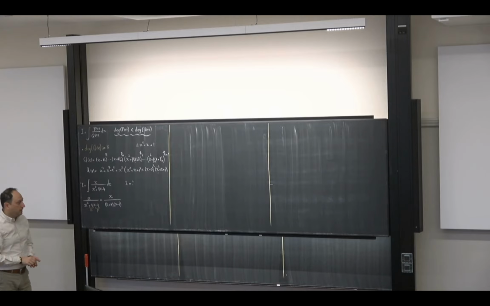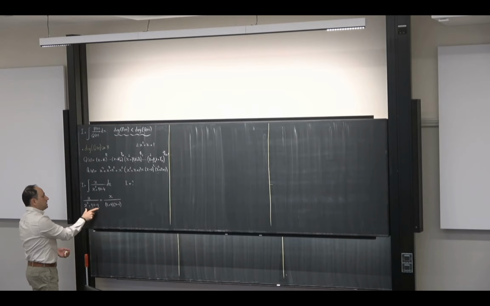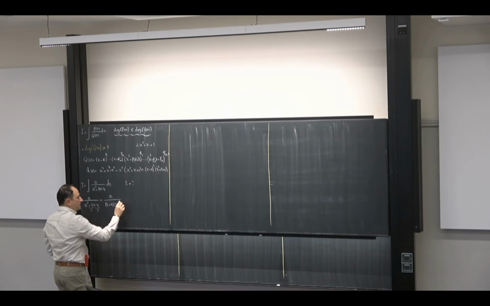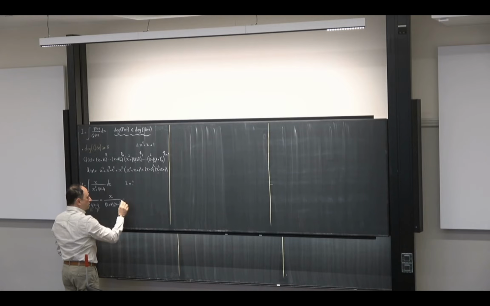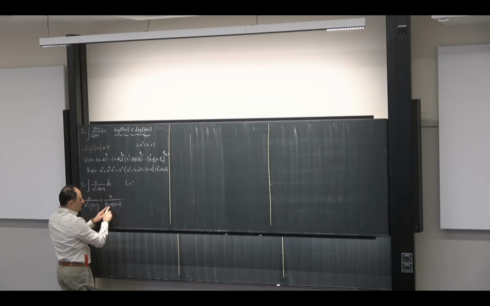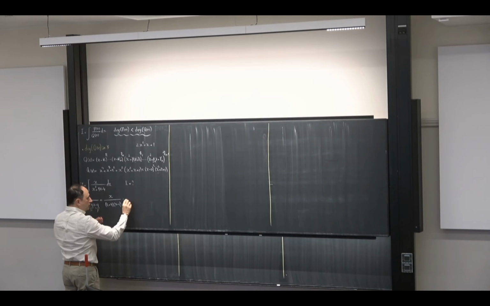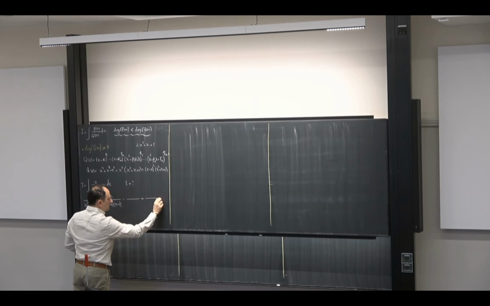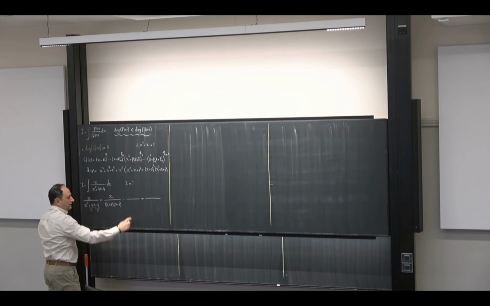Okay? So now this was a second degree polynomial, and I was able to factorize it. But now this is the method of partial fractions. How many factors do you see in the denominator? 2. You are supposed to split this one fraction into 2 fractions. In the denominator of one of them, you put the first factor.